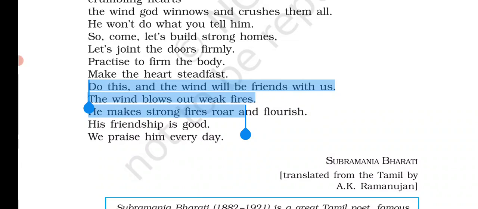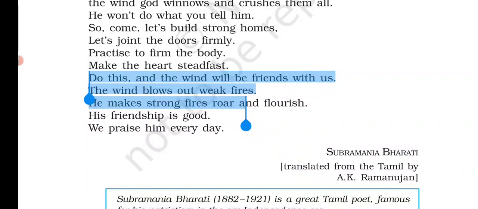So we see that a comparison is being made between wheat and people. Just like when we thrash the wheat to separate the grain from chaff. You must have seen in the field that we make use of wind, and it is actually the god that separates the strong people from the weak people.